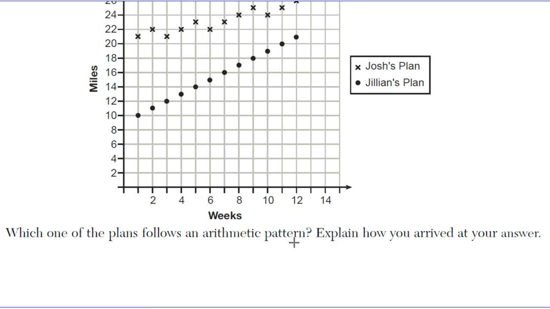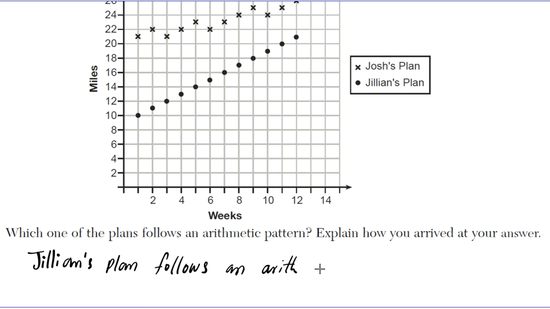along with explanation. So Jillian's plan follows an arithmetic pattern. So that's our answer. What's the justification?